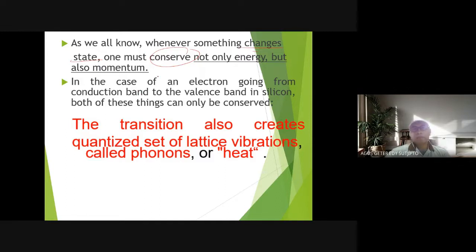So we know the electron can move, actually vibrate, in the atom. As we know, if this is a proton and this is an electron moving around, actually it's not a circle like this.